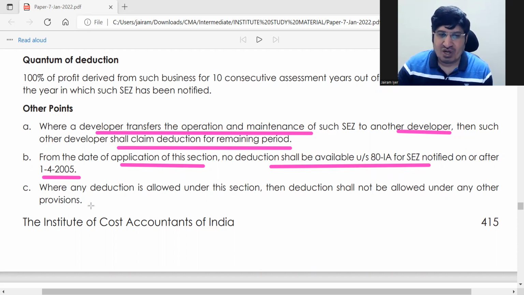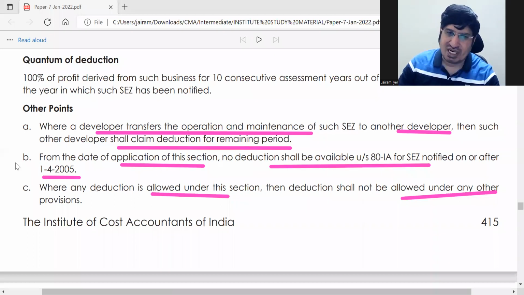If deduction is allowed here, then no deduction under any other provisions, which we already know.